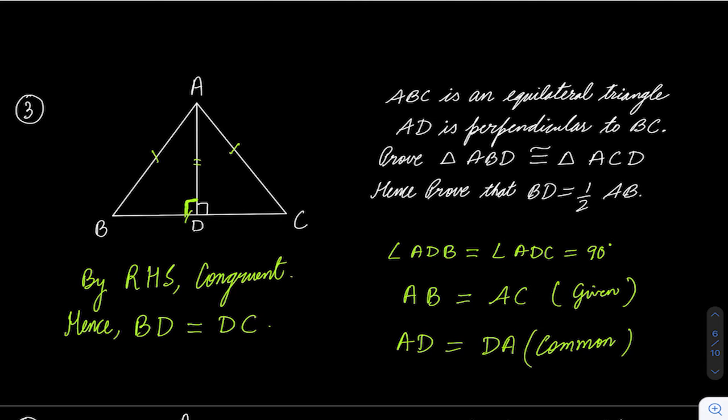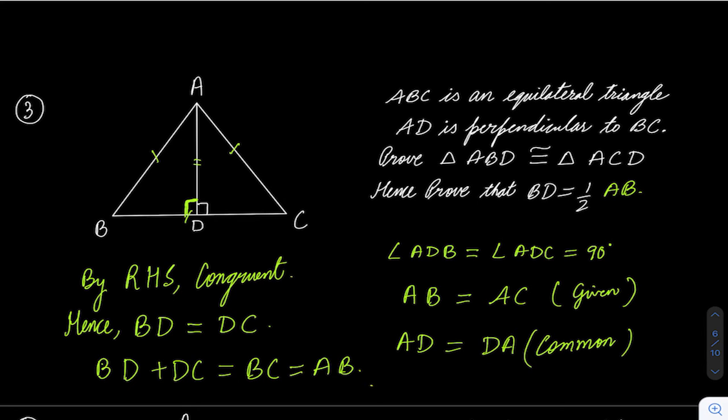Now if BD is equal to DC, now what is... sorry, this is not AB, this is... okay, we can write AB also, no problem. So BD plus DC is equal to BC, right? BD plus DC is equal to BC, and we know BC is also equal to AB.